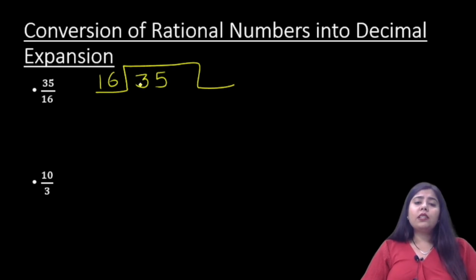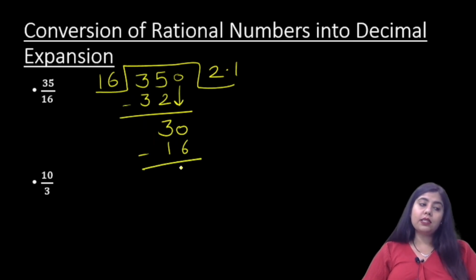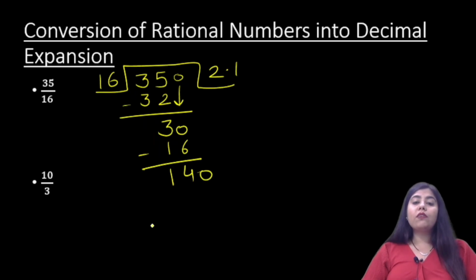Now when we divide 35 by 16 on 2, we get 32. So when we subtract it, we will get 3. We will take the carryover as 0. It becomes 30 and we will put the decimal point here, and on 1 we will get 16. 30 minus 16 is 14. Now we will again take the carryover as 0.